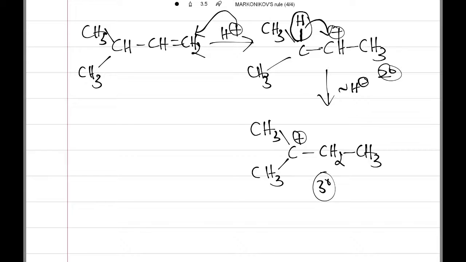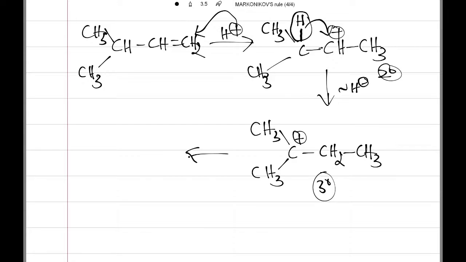Since the intermediate is a carbocation in this reaction, there is a possibility for rearrangement. After rearrangement, we may get a more stable intermediate. Here I get the tertiary carbocation, the most stable intermediate.